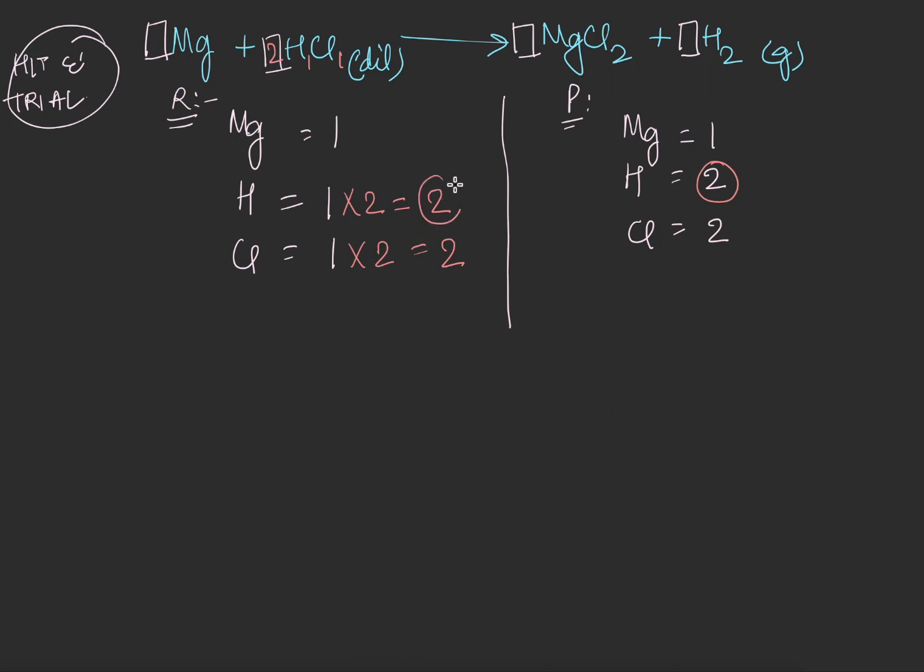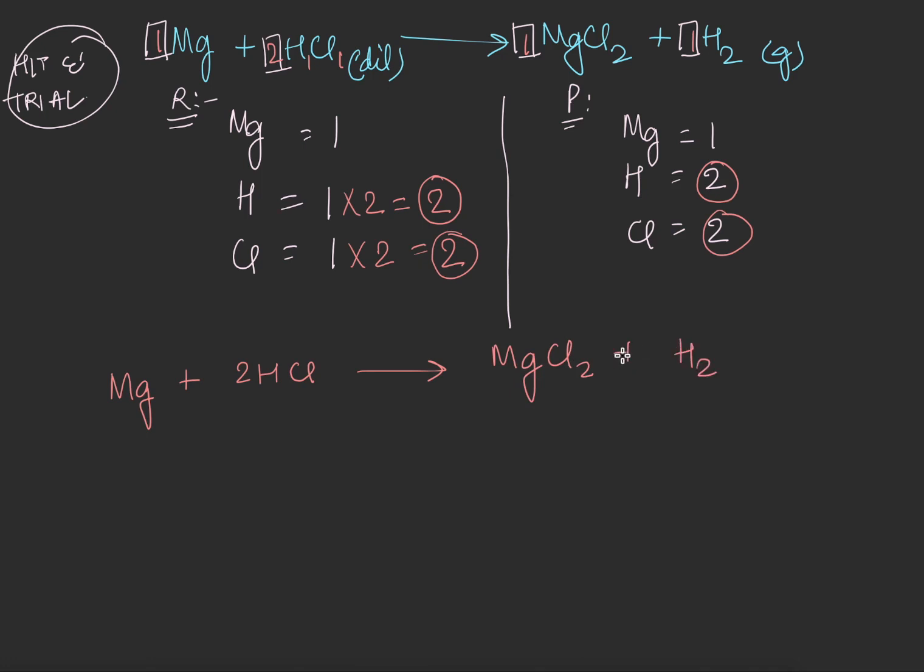After writing 2, the number of chlorine atoms becomes 1 into 2, which is 2 now. So just by simply writing 2 in front of HCl, you will notice that the number of hydrogen and chlorine in the products has become equal to the number of hydrogen and chlorine in the reactants. Right? So this is now a balanced equation.